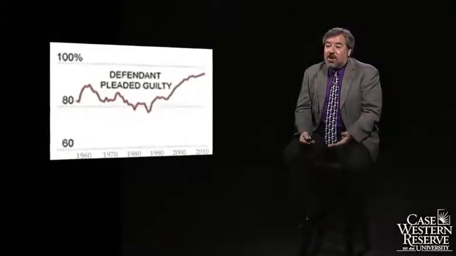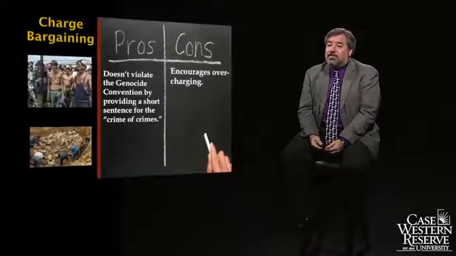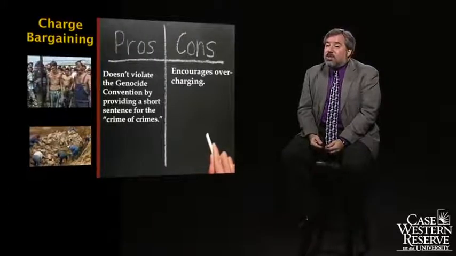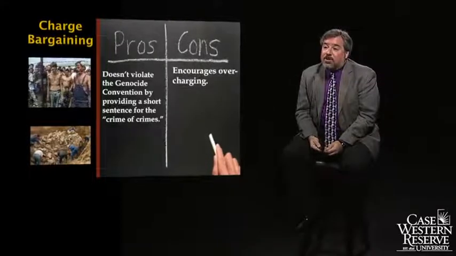And this seems to indicate that maybe there's something wrong with the U.S. system, where instead of proving guilt beyond reasonable doubt in front of a jury where you have a historic record, you are just doing these things behind closed doors with these kinds of options that are not really options. They're very coercive. So this is one of the concerns of the international community. So the pros and cons of the different kinds of plea bargaining are important to look at.